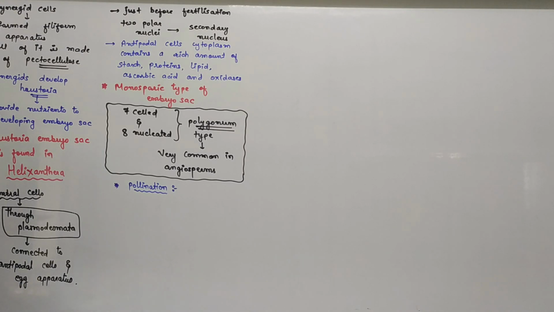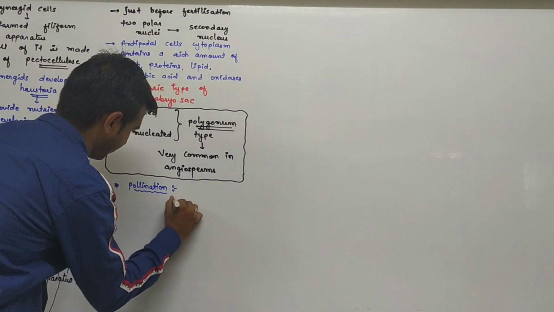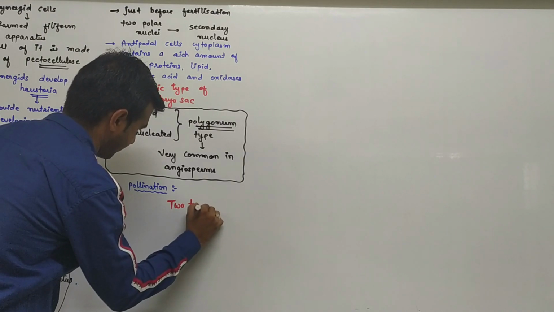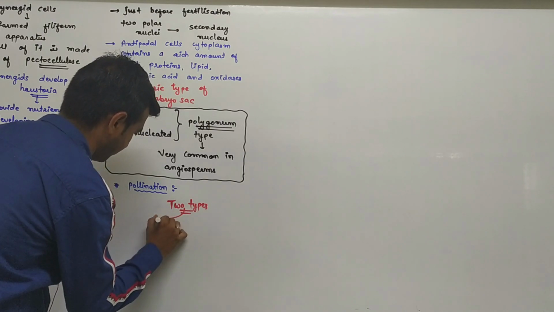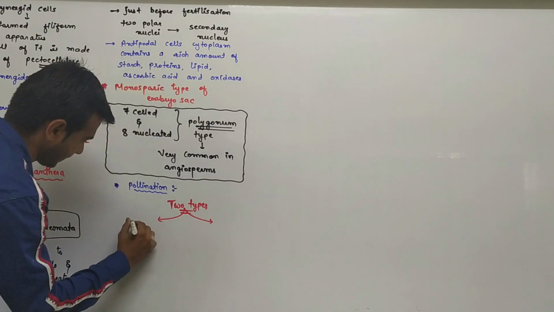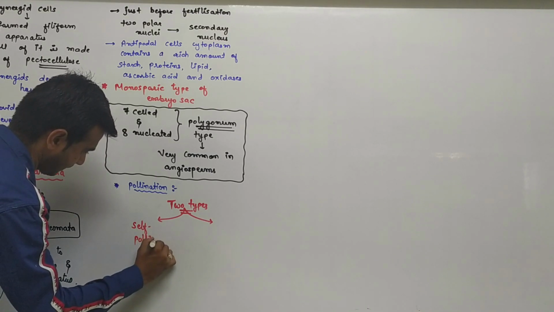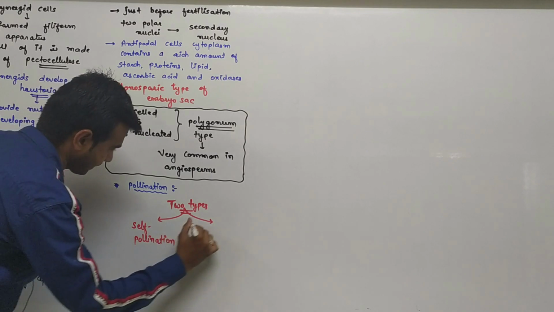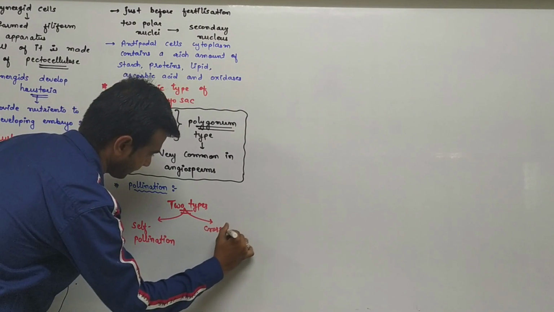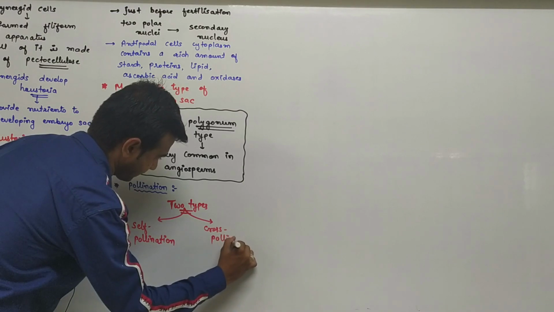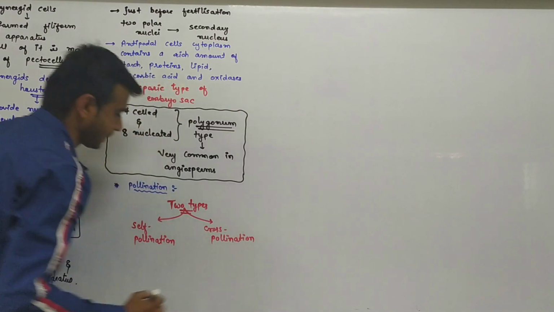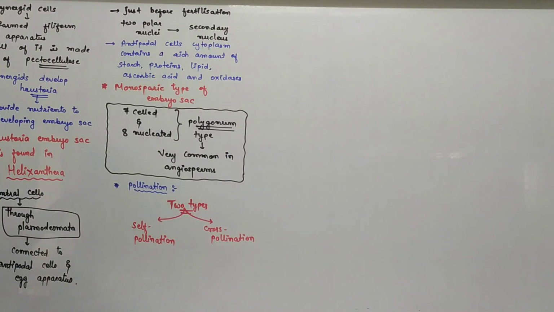Pollination is of two types: self-pollination and cross-pollination.